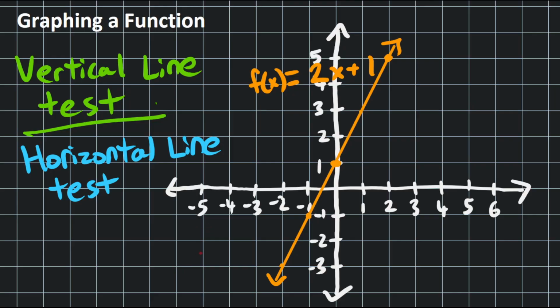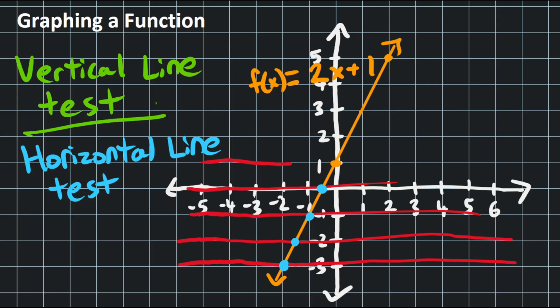We'll draw a horizontal line at y equals -3. And right here, it only touches it once, so that's fine. It doesn't touch it more than once. And then we'll draw another one at y equals -2. Again, it only touches once. And we'll keep going like that. Y equals -1, only touched once. Y equals 0, only touched once.